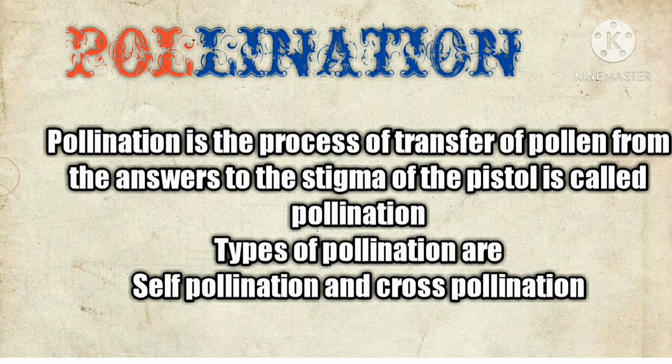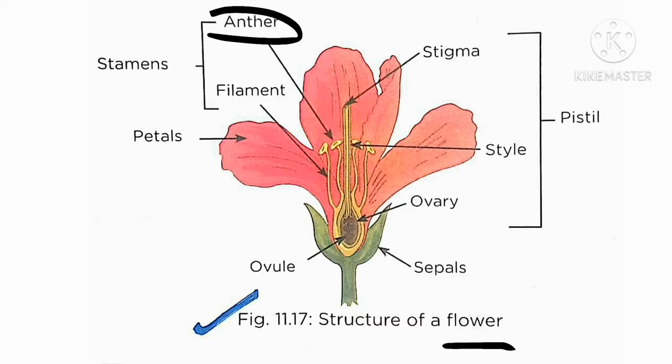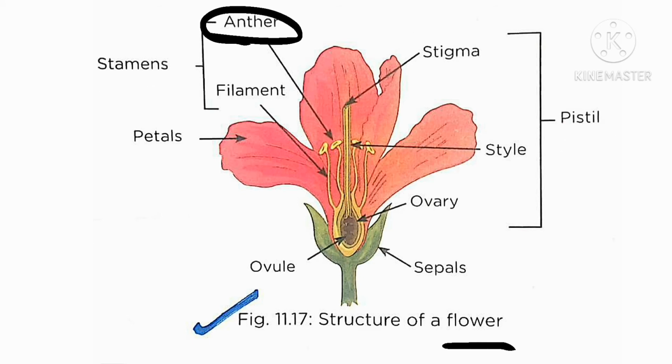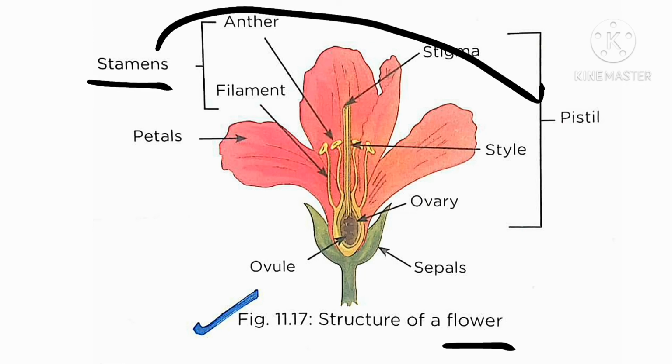That means from the anther of the stamen to the stigma of the pistil, from the male part to the female part.